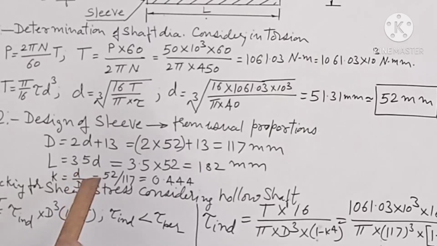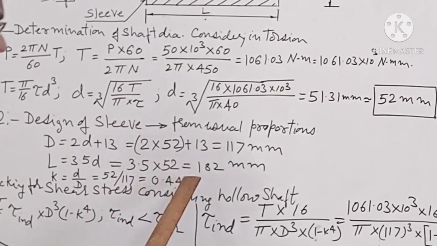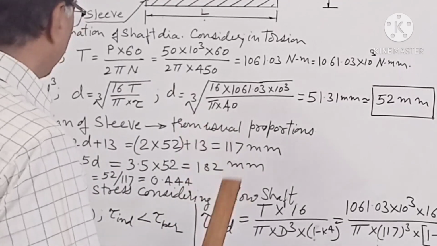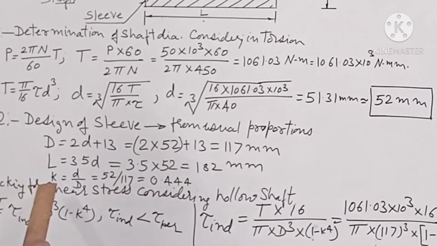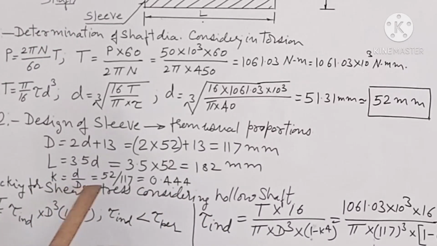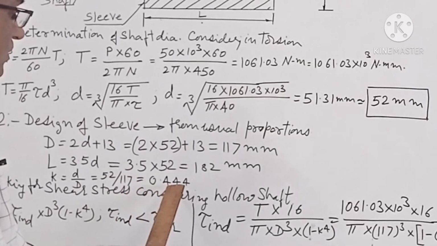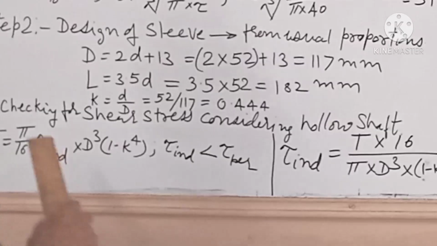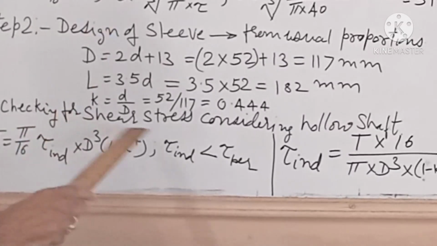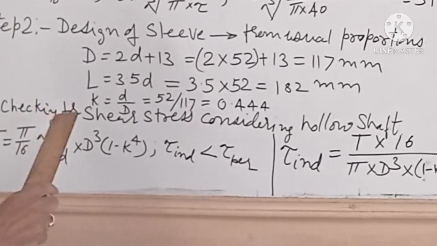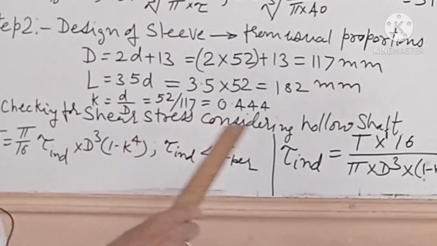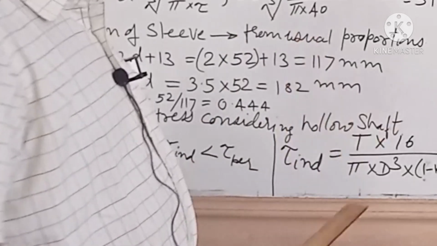Putting the value of shaft diameter, the length of the sleeve comes out to be 182 millimeter, and the ratio k, that is small d upon capital D, comes out to be 0.444. Now we will check the dimensions of the sleeve considering the sleeve as hollow shaft.